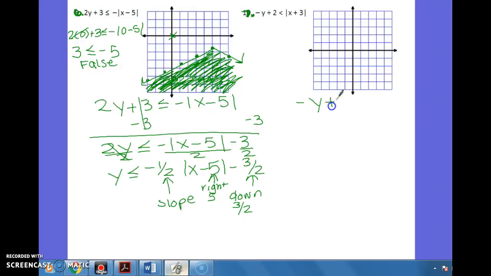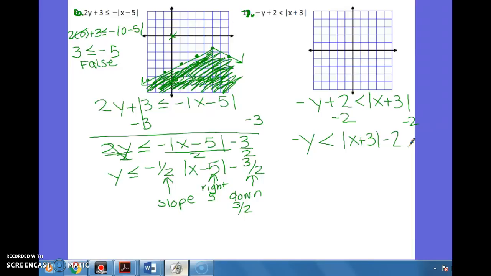So negative y plus 2 is less than the absolute value of x plus 3. What's my first move? Negative y is less than the absolute value of x plus 3 minus 2. Can I start to graph it from here? No, why? What's wrong with it?